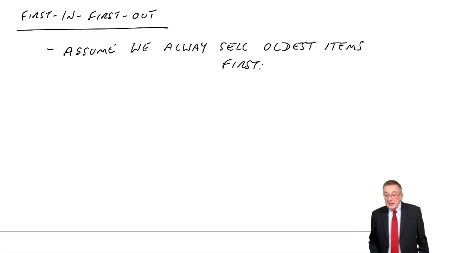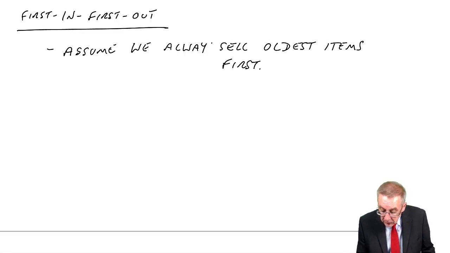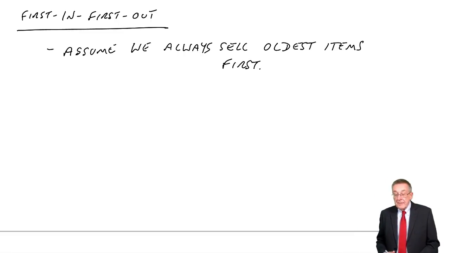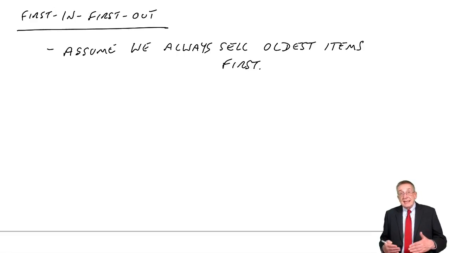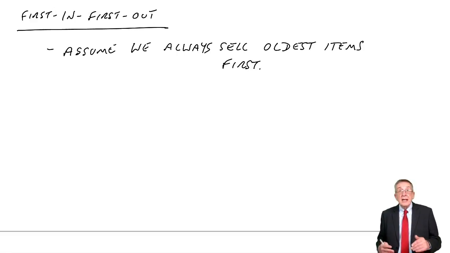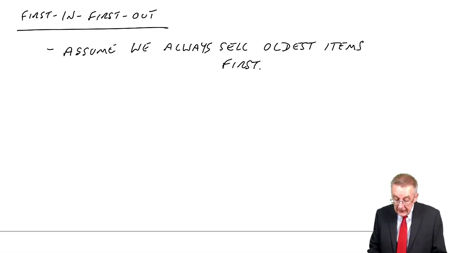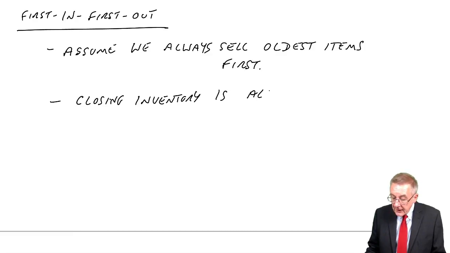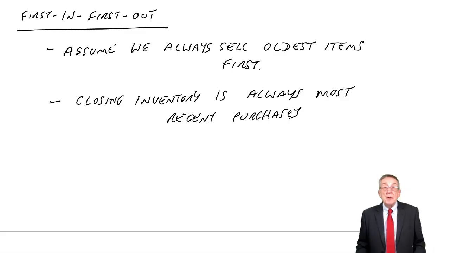And if you think about it, if we always sell the oldest ones first, it means that any left at the end, the closing inventory, are always the newest ones. The closing inventory is always the most recent purchases. Again, think about buying milk in a supermarket.